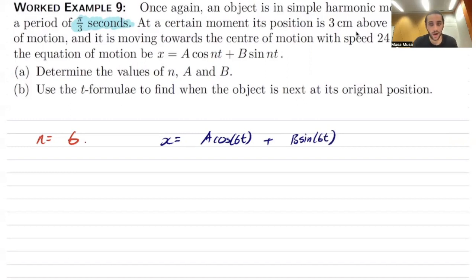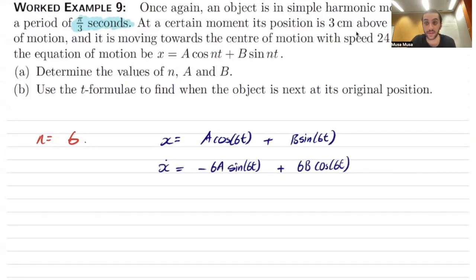Nice. And then to differentiate, we need to do our first derivative, and that's going to give us velocity. So this is going to be negative 6a sine 6t plus 6b cos 6t. And just like the question before, the limited information means we can make a lot of things just work for us, right?